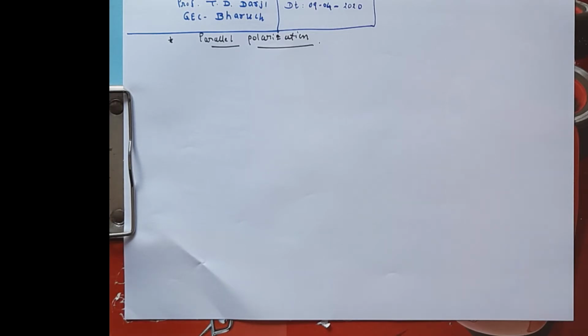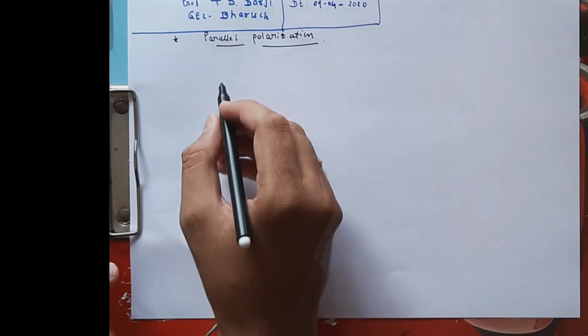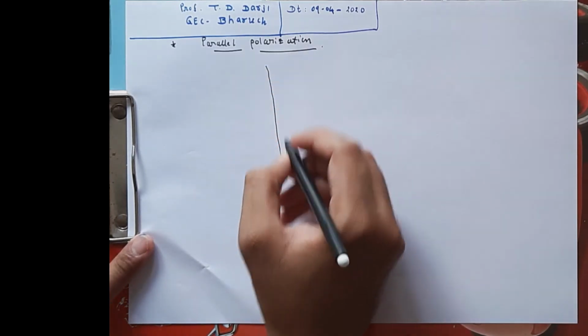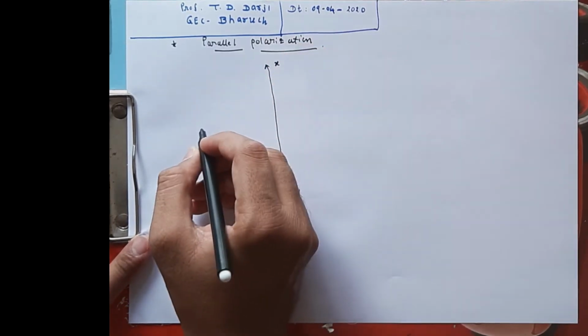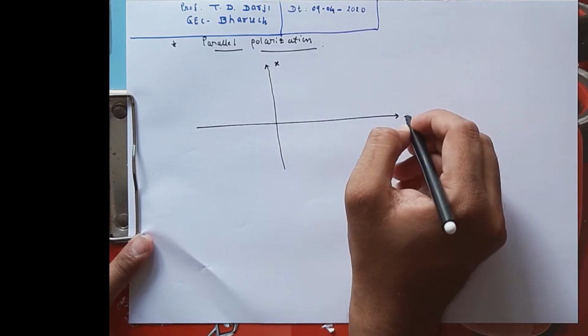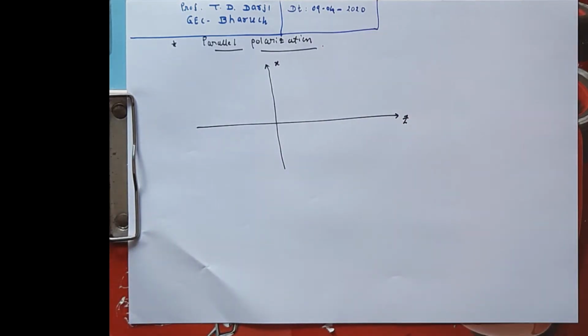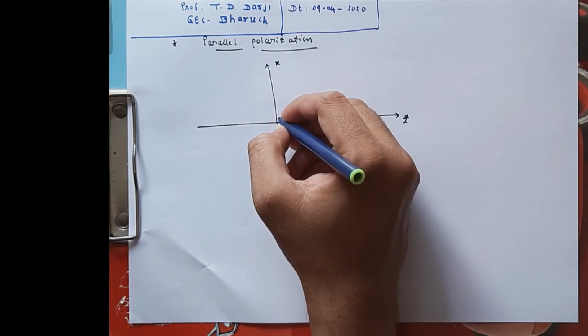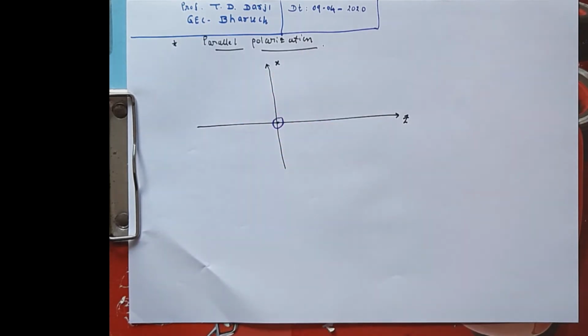It is known as the polarization in a general case. Here we consider the same thing: this is my x-axis, this is the z-axis, and the y-axis is exactly perpendicular. So this is my y-axis.